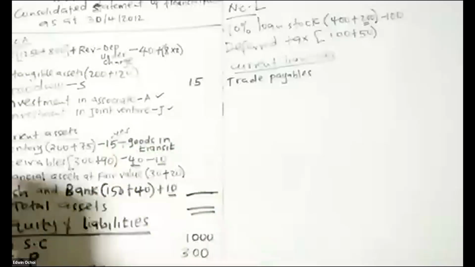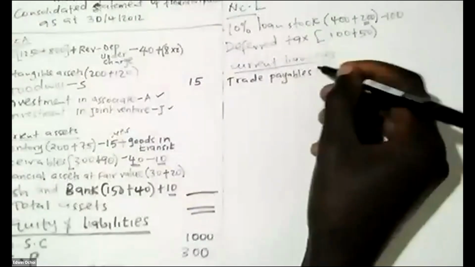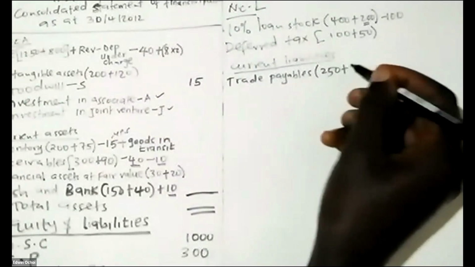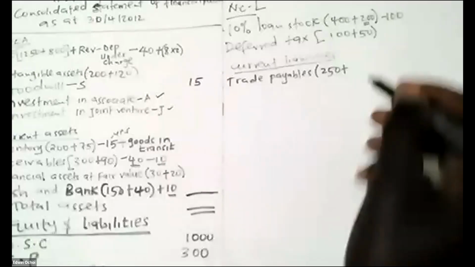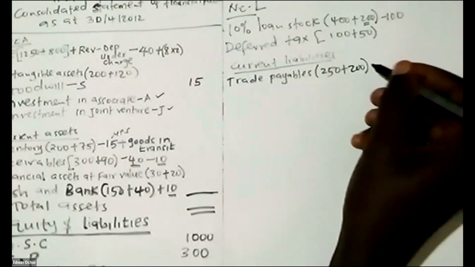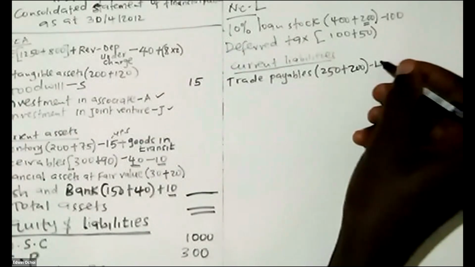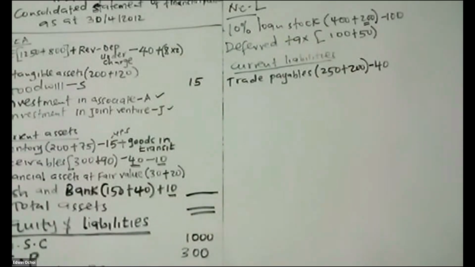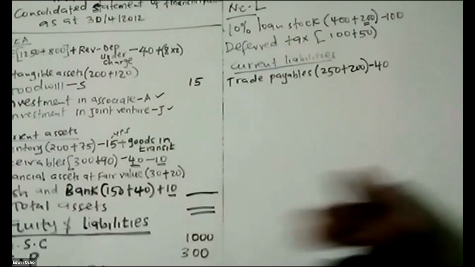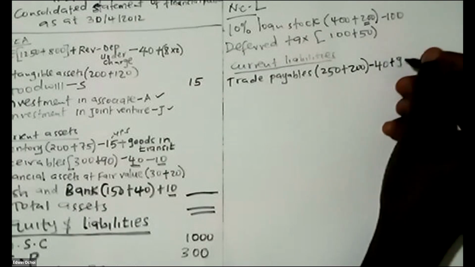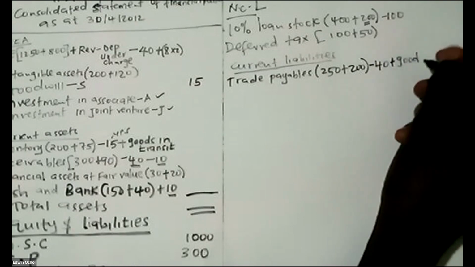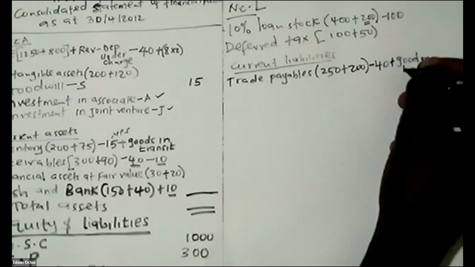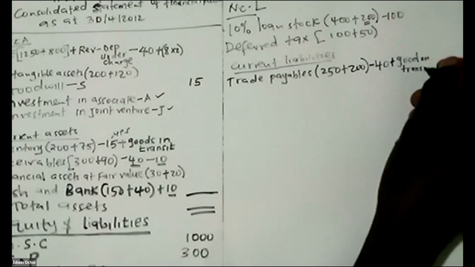So the trade payables, that is 250 plus 200. So I said you minus the 40, which was outstanding. The one which we had already subtracted under receivables, that is how we cancel it out. Then if the goods which were in transit were on credit, we need to add them here. If they were on credit.